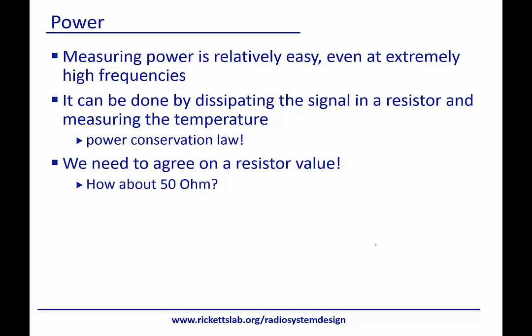The only thing we need to know in the temperature change is what the value of the resistor is. And for convenience, we choose 50 ohms. For the case of power, we could choose any resistance, but 50 is a number we choose once again because it's a useful impedance in the RF world.